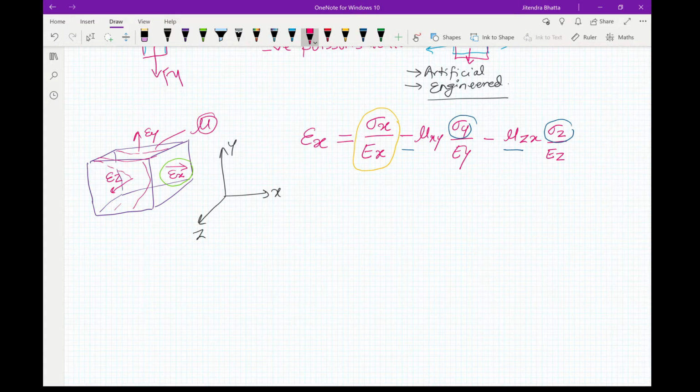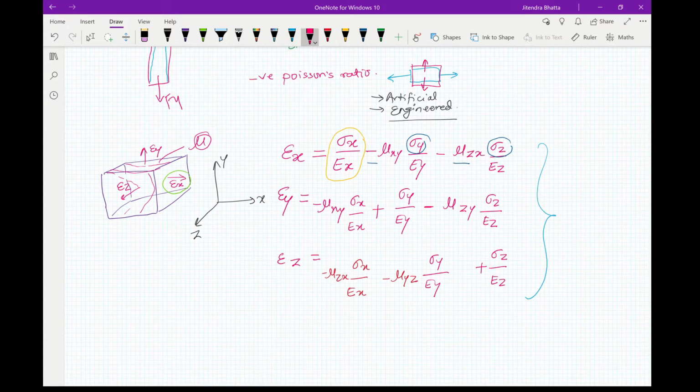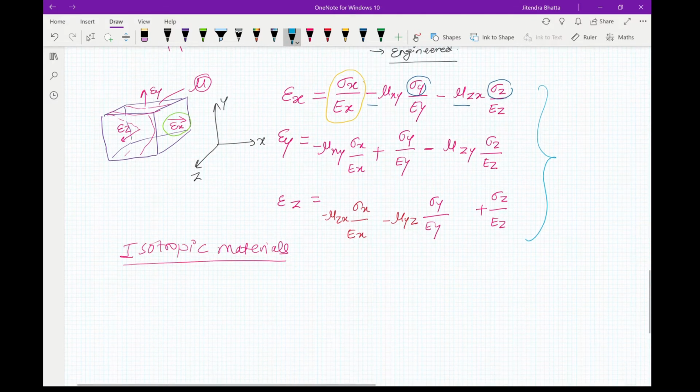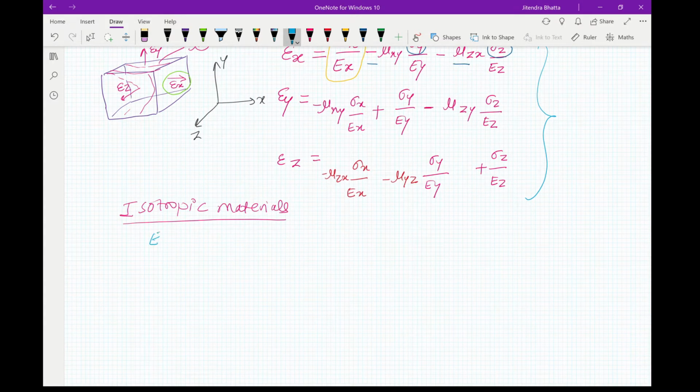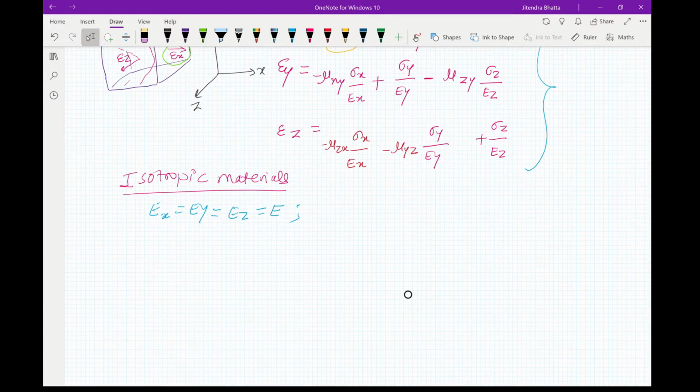Now in the isotropic materials, your Ex will be equal to Ey will be equal to Ez will be equal to E, a constant in all the directions, which means that the isotropic materials will have similar material properties in all directions.